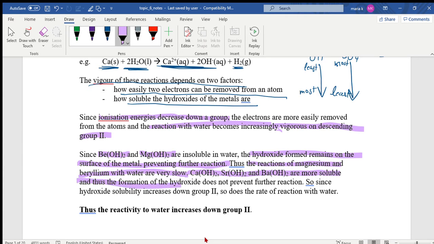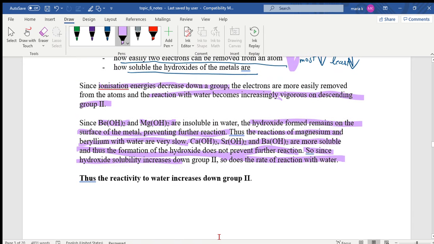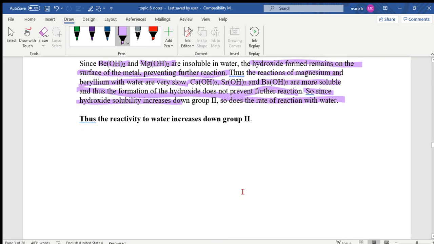The other hydroxides are more soluble, and so that does not prevent further reaction. So since hydroxide solubility increases down the group, so does the rate of reaction with water. So the reactivity to water increases down group 2. Seems reasonably fine, I guess.